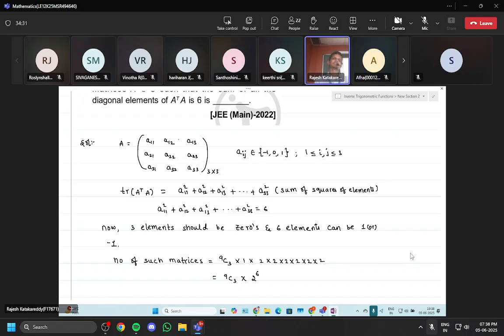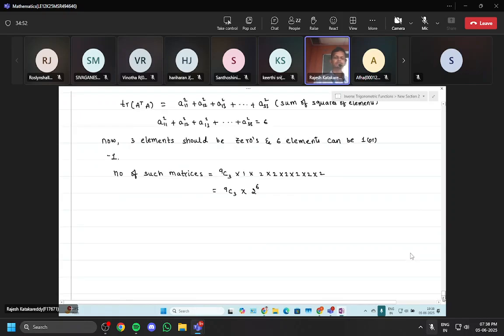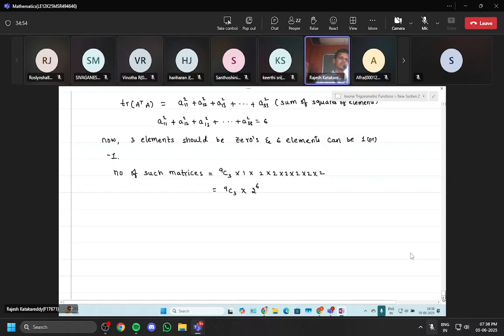Now for the remaining 6 boxes, we have 2 choices each because each box has either +1 or -1. Clear? Now 9C3 into 2 power 6. The given problem is a numerical answer type, so you should calculate and type the integer in the exam. Am I clear? So you guys solve that next problem.